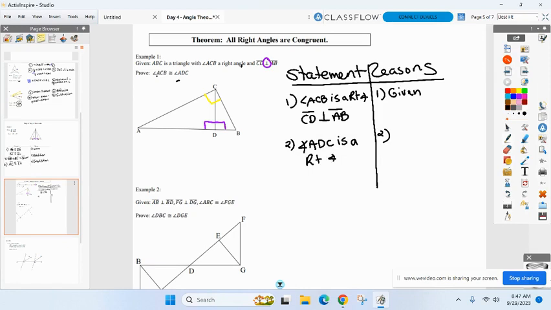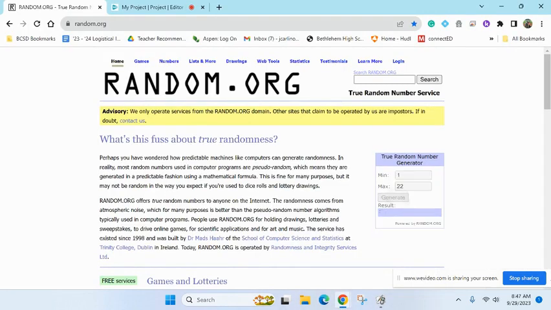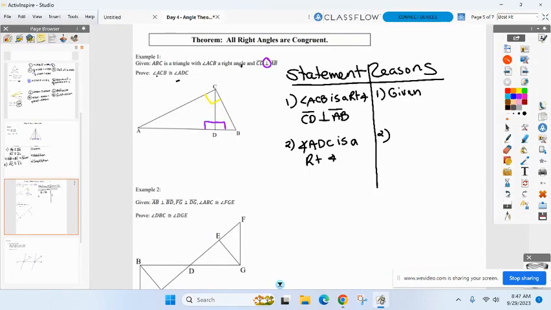And how do I know it was a right angle? Why did I mark it on my diagram as a right angle? Something in this proof said you better put a right angle symbol there. We have used this reason before, but I know it's been a few days, so explain to me why that's a right angle. What up here told us that? How did I know ADC was a right angle?